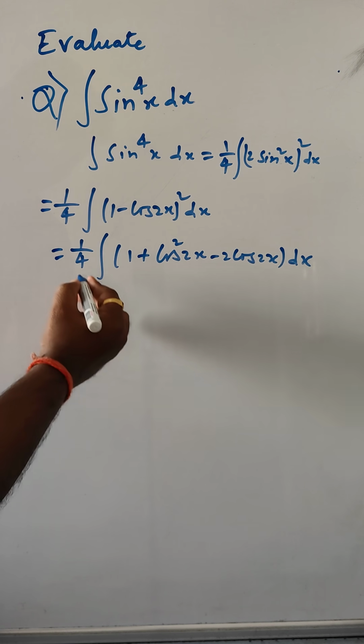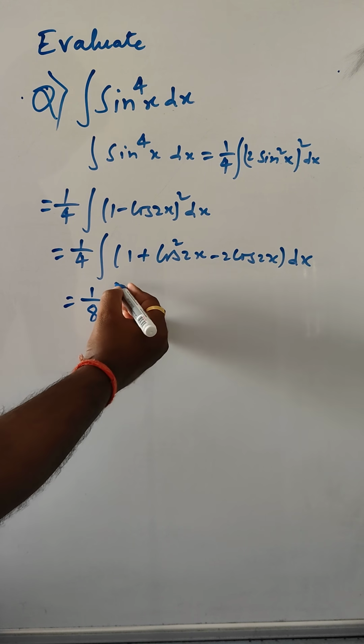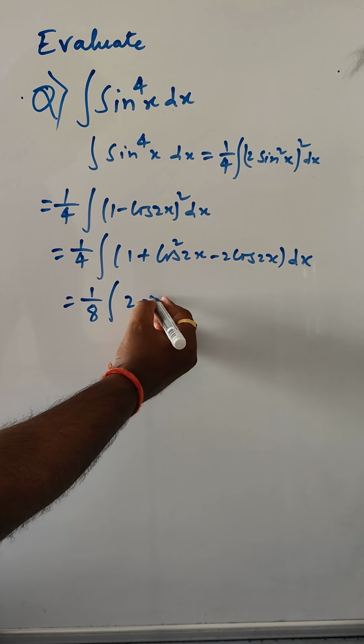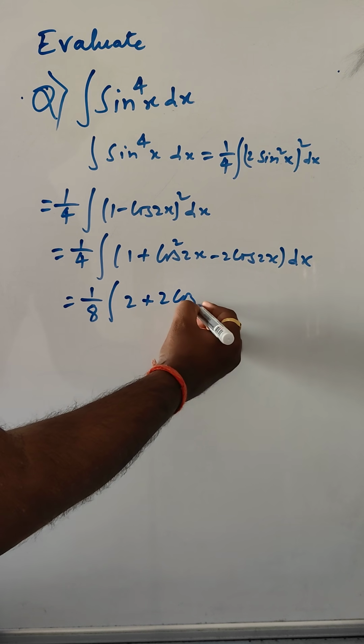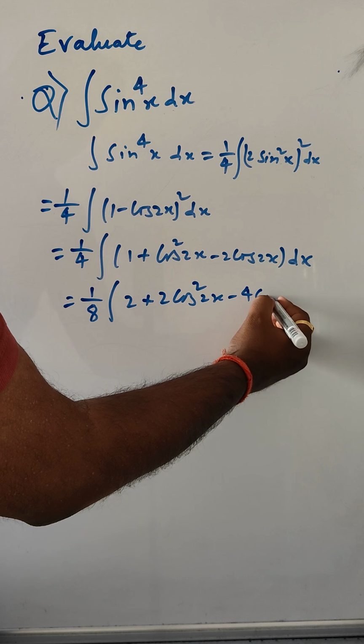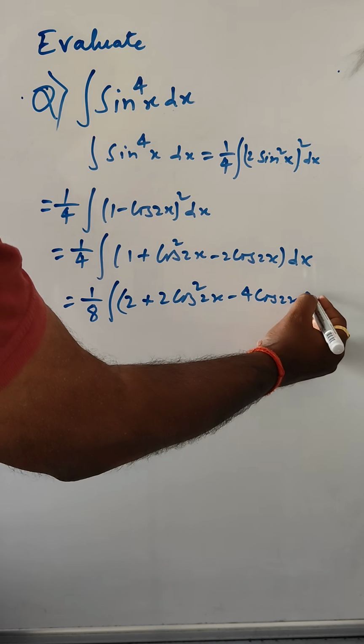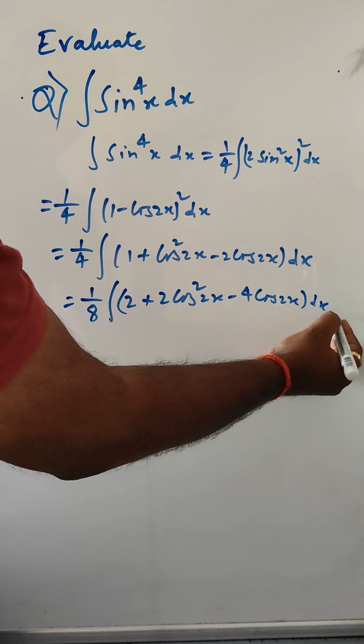So divide by 2 means, like 4 was there, so 4 into 2 is 8. Now this is 2 plus 2 cos² 2x minus 4 cos 2x, correct, and this is dx.